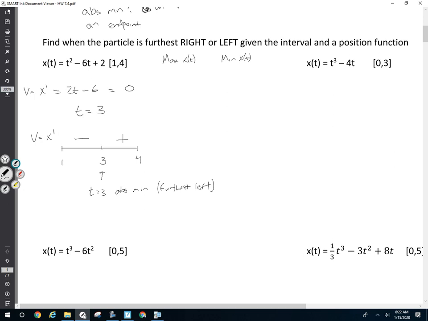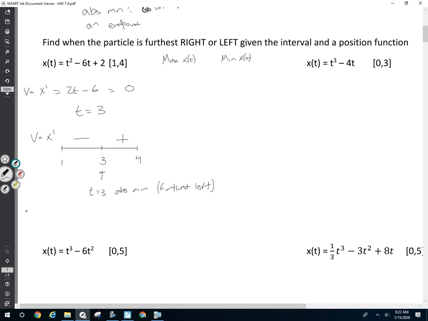Don't need to find the location, don't need to check. I know for a fact I'm moving to the left, stop, moving to the right. I must be furthest left here, okay?